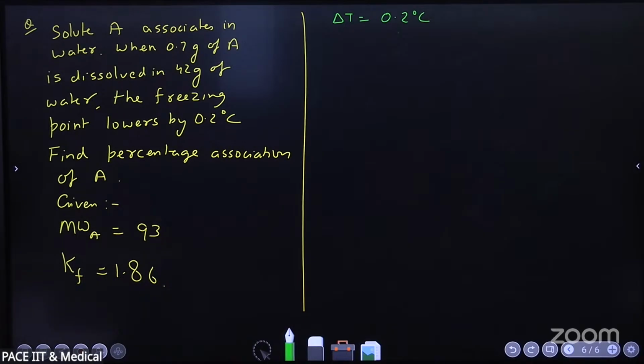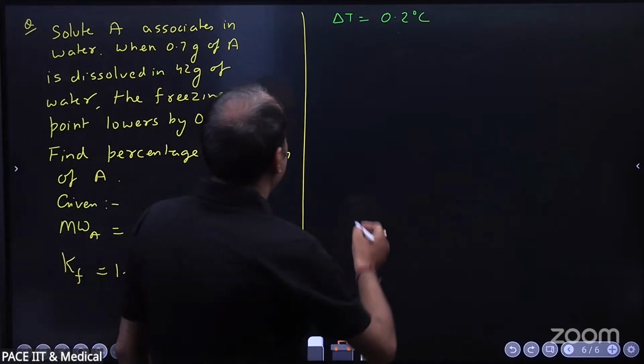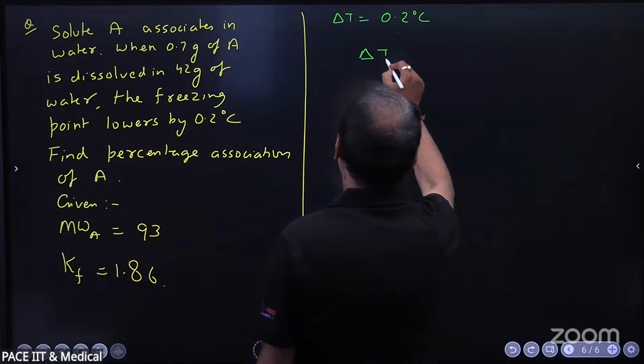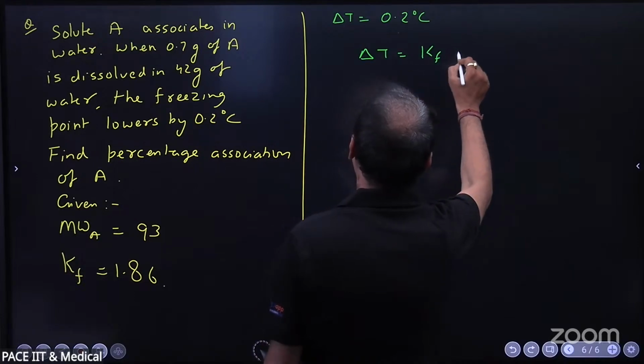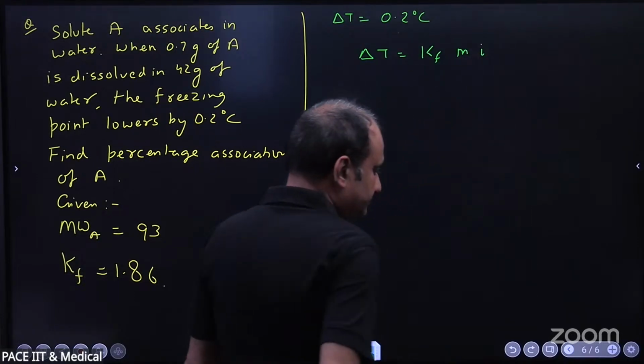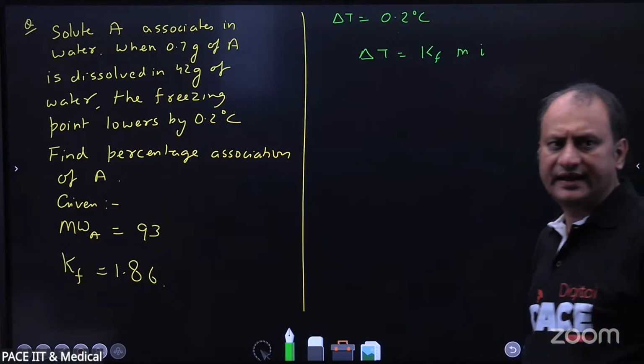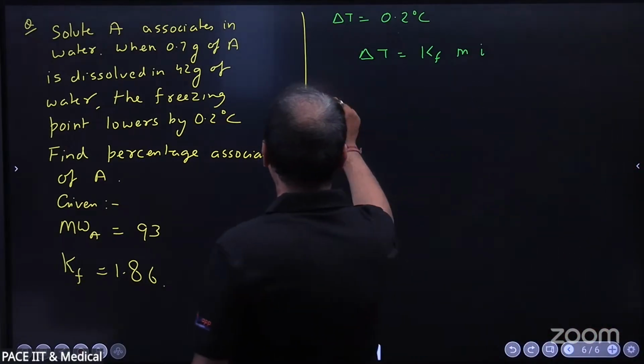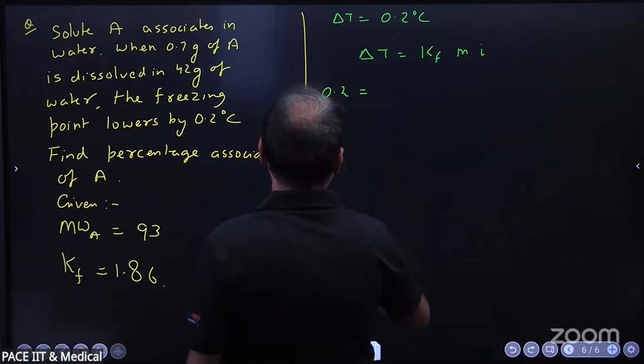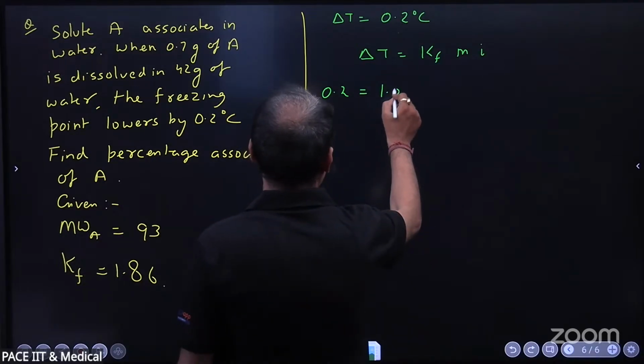Molar mass is given to us. So let's apply this equation. Delta T is equal to Kf m i. Delta T 0.2 degrees, Kf 1.86.